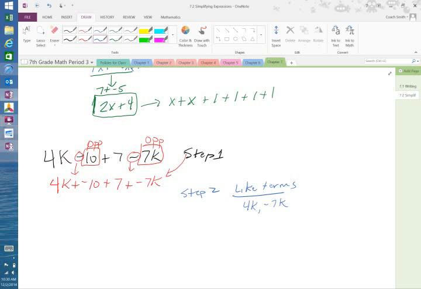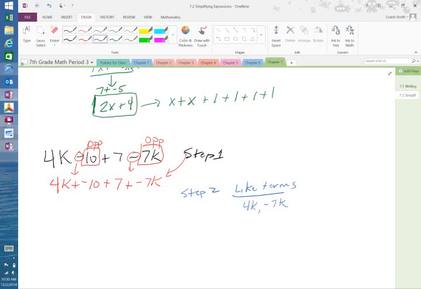What makes a like term? Read me your definition of like term. Variable parts. Okay, variable parts. So you might want to write that word a little clearer so you know what it means. So, they have variable parts.